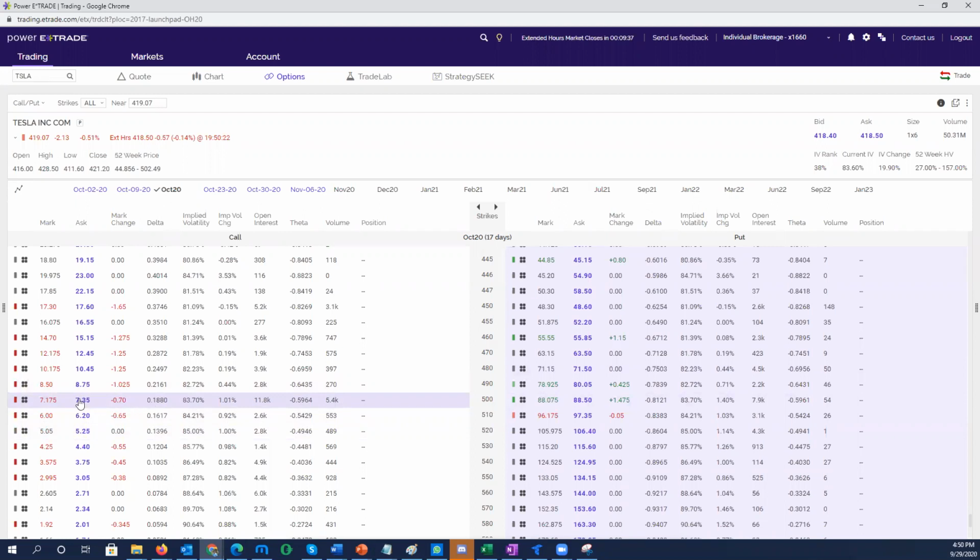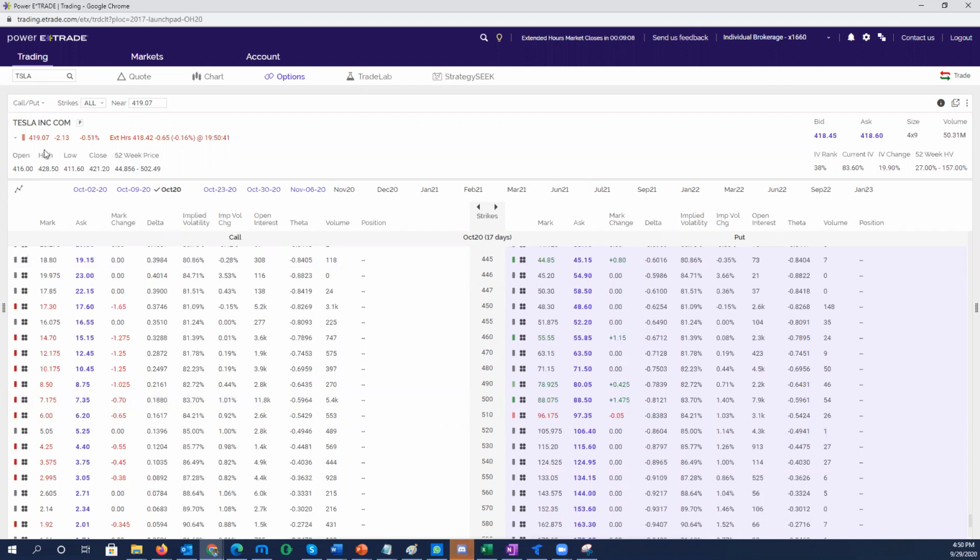If he doesn't take action, like closing this option for a loss or rolling it, he is going to give his shares to the other person at 500. His shares cost him 419 right now, and they are going to take the shares from his account at $500.